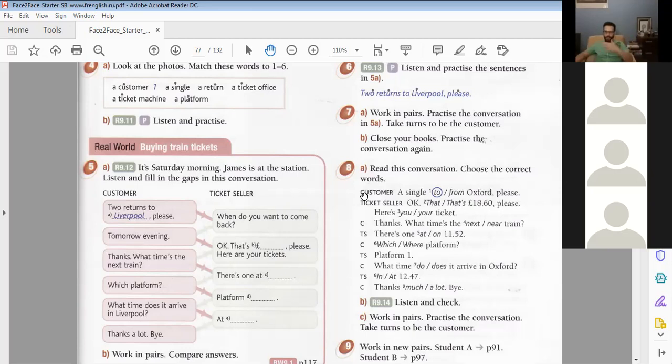So I want you to choose the correct words. Media, you can be the customer, and the ticket seller, Manal, you can be the ticket seller, okay?